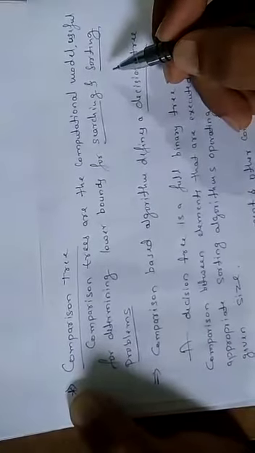Comparison trees are a computational model useful for determining lower bounds for searching and sorting problems. Searching means searching for any element, either sequentially or randomly, and sorting means either ascending or descending order. For this type of problem, we can use comparison trees.